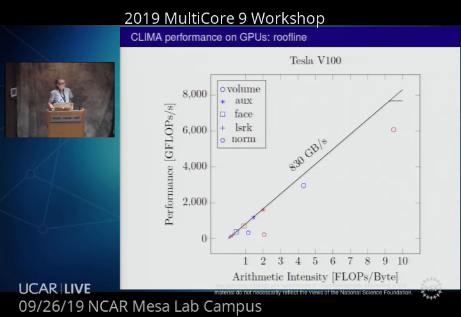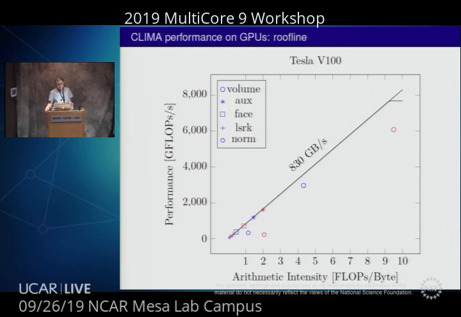And the final performance result shows a roofline plot on the Tesla V100 GPU, where I have my performance in gigaflops per second and my arithmetic intensity. There are a number of kernels, and each kernel is identified by its shape, and the color corresponds to different floating point options.